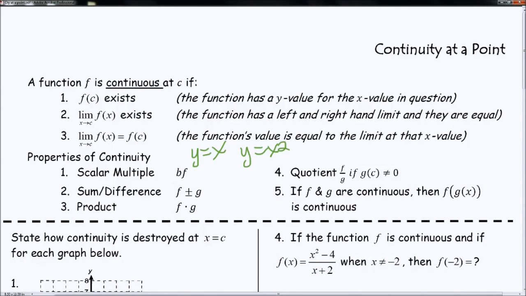Number 4 is a little bit tricky. If I divide x by x squared, two different functions, this is only true if a certain condition applies.